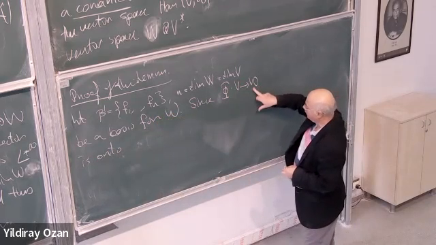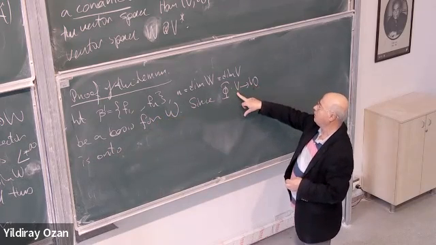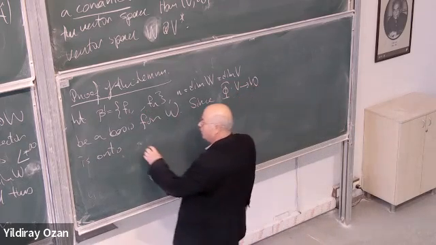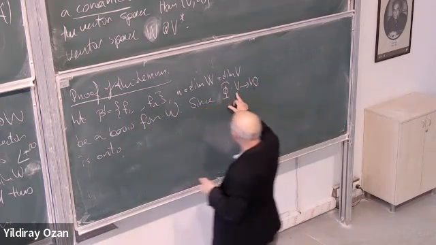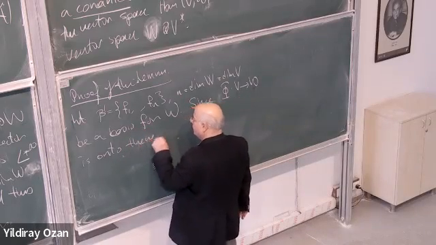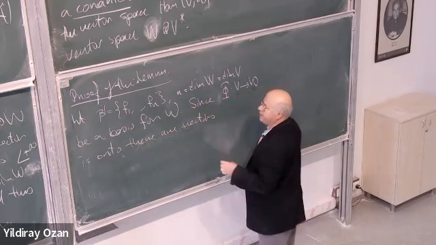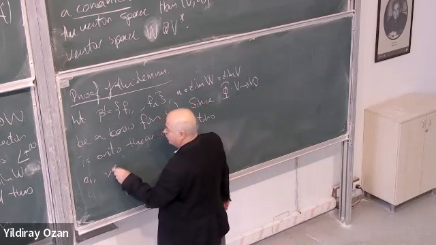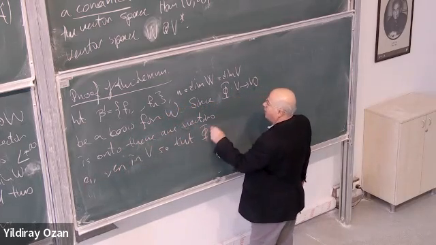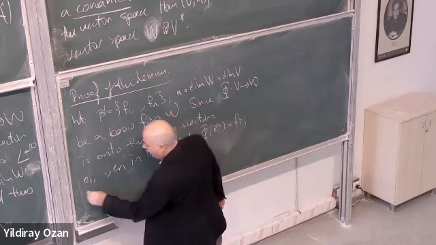This is onto means whenever I choose an element here, it is the image of an element from here. Now, f1 to fn are elements here, so they are images of some vectors in V. So, since it is onto, there are vectors, let's say e1 up to en in V, so that phi of ei is equal to fi, i from 1 up to n.